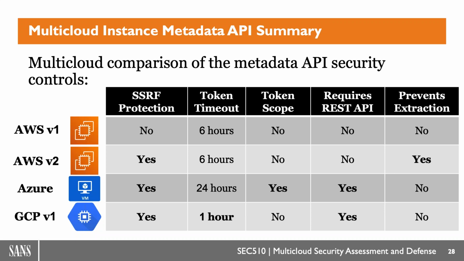They don't prevent extraction. If you look at version 2, notice we've got some extra protections. The SSRF protection is there, the timeout is still 6 hours, still no scoping. You can still use them via the CLI, but they also use a TTL on all requests to the metadata security credentials endpoint, and that TTL is set to 1.